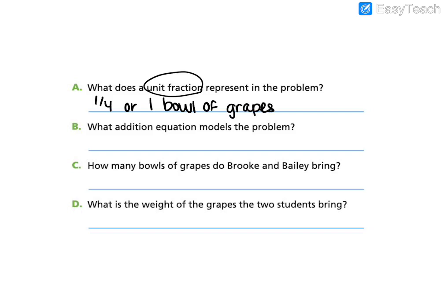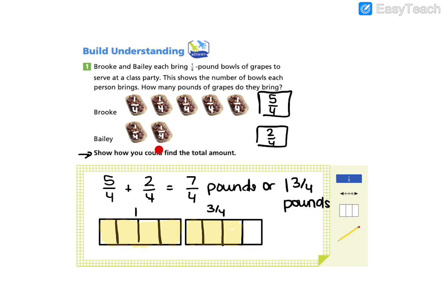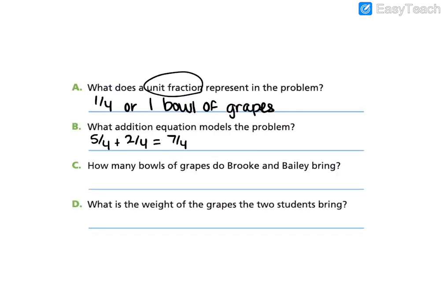All right, what was our addition equation? 5/4 plus 2/4 equals 7/4. So how many bowls of grapes do Brooke and Bailey bring? If you remember from our picture, they bring 7 total bowls.